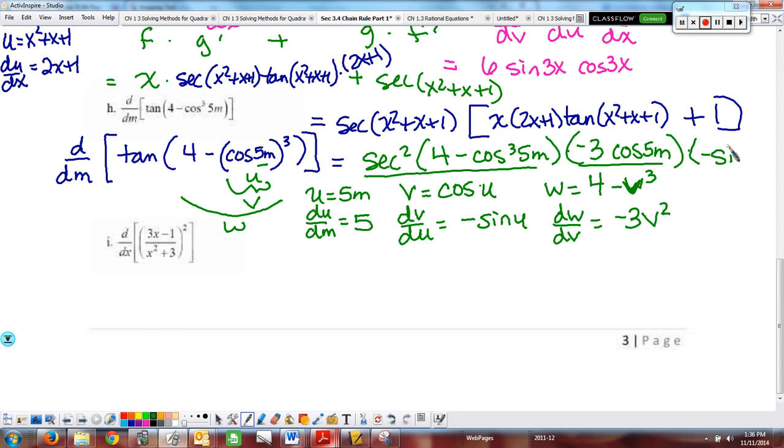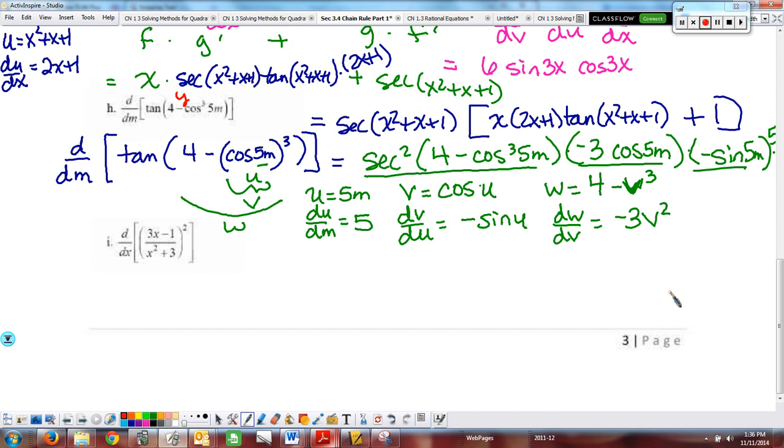So that's negative sine of u, which was 5m. Okay. And then our final link times du dm, which is going to be times 5. And so if we kind of look at each of these parts, this was dy dw, this was dw dv, this was dv du, and that last part is du dm, so I'm taking the derivative of this with respect to m, and everything cancels out.